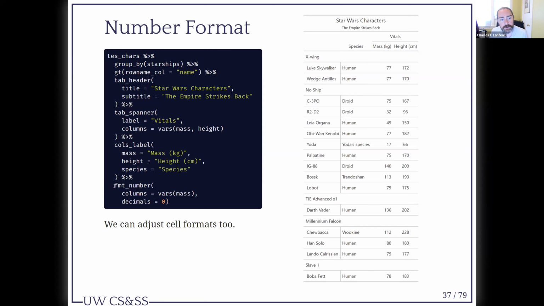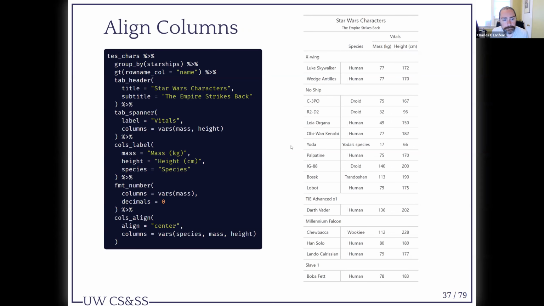I can say, format numbers. Specifically, I would like to format the mass column and give it 0 decimal places. So this will format all the numbers in the mass column and specify that they shouldn't have any decimal points. It will just round them automatically to 0 decimal points. So you don't even have to modify the data in the data frame itself. You can do that formatting after the fact in GT, so you don't have to modify your data beforehand.